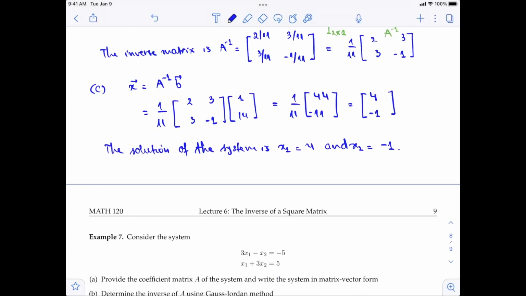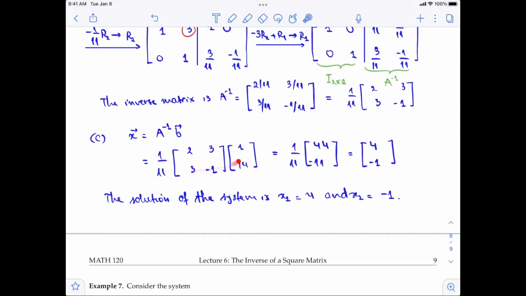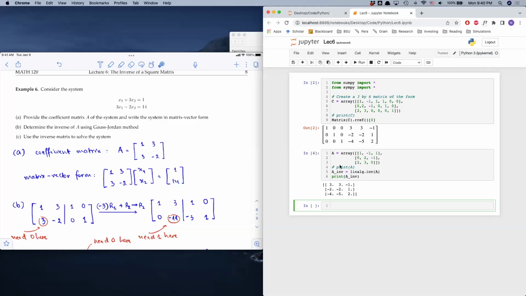So let's go to the code again and look at Python and see if we can produce the same result for the inverse of A. So in this case, you have example 6.